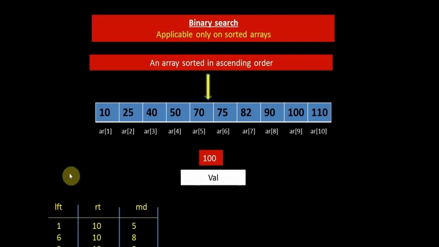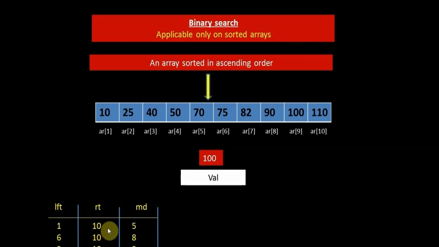As you can see, my subscript starts from 1 because I am using it for an algorithm, and we have a total of 10 elements, so the last subscript would be of course 10. So LFT is 1, leftmost subscript, RT that is rightmost subscript is 10, right? So what will be MD? LFT plus RT divided by 2, simple.